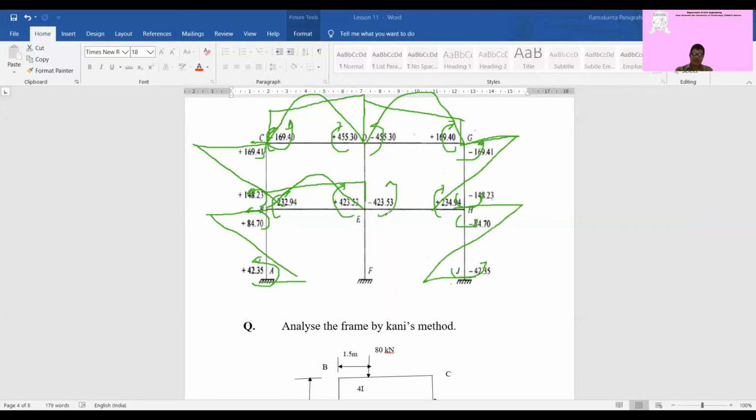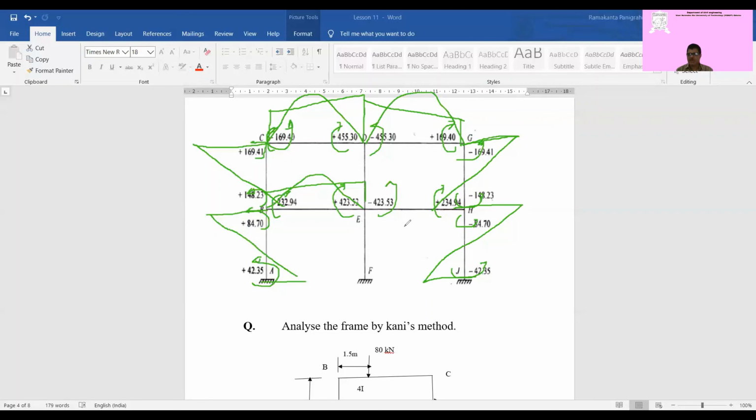So write the values, you can get it. There is no load here. Similarly here, you cannot find anything. So this becomes your bending moment diagram for this frame. You see how we can draw this diagram for this problem. And I think we have discussed this non-sway frame analysis mostly in this class.